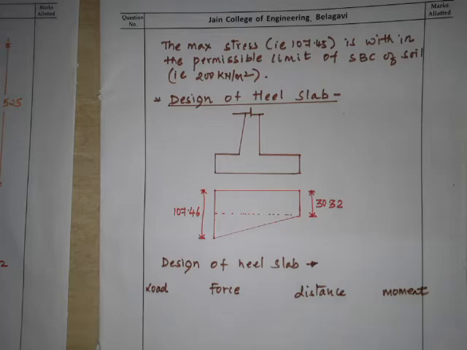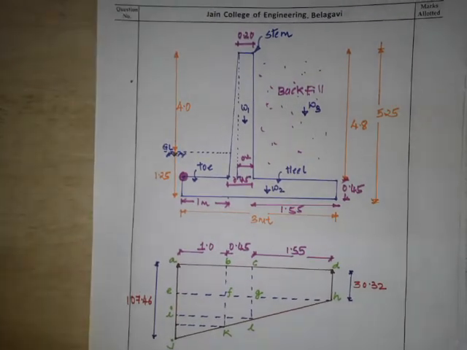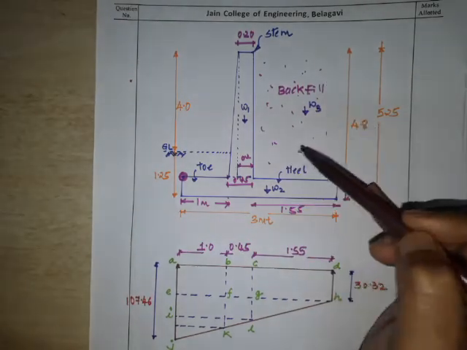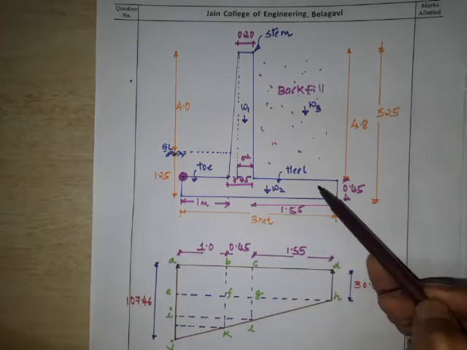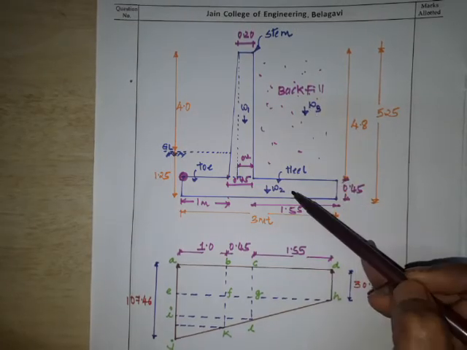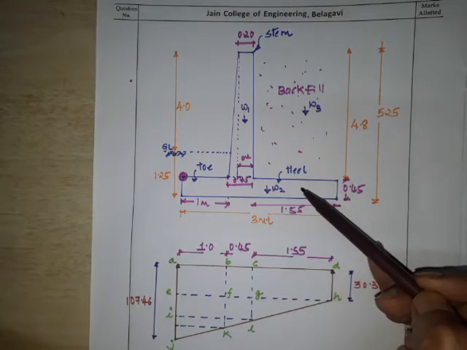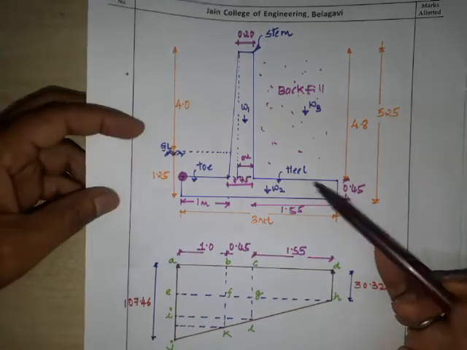So here when I design heel slab, you have to consider W3 and part of W2, because on heel slab W3 is acting and W2 is acting. W3 is backfill, W2 is the self weight of heel slab. So I'll write here.